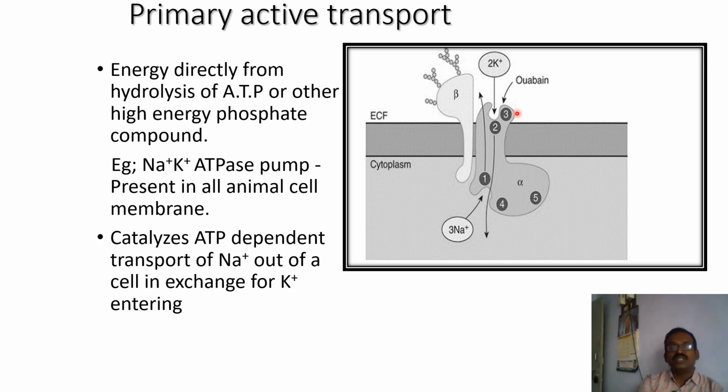The sodium potassium pump pumps 3 sodium from the cell to the ECF, from the intracellular part to the extracellular part, and 2 potassium from the extracellular part to the intracellular part. It is important for maintaining the cell volume and cell shape. The sodium potassium pump catalyzes the ATP dependent transport of sodium out of the cell in exchange for potassium entry into the cell.